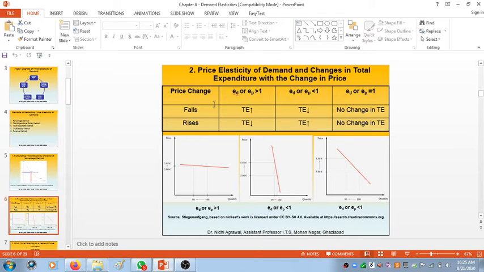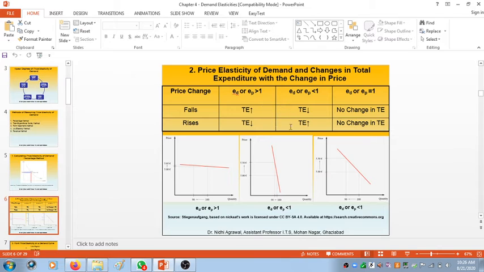If the price is falling and elasticity is less than 1, then even if the price falls, the customer will not increase the demand much, so comparatively your total expenditure will be lower. And if elasticity is equal to 1, it means if the price falls or rises, your total expenditure will remain the same.